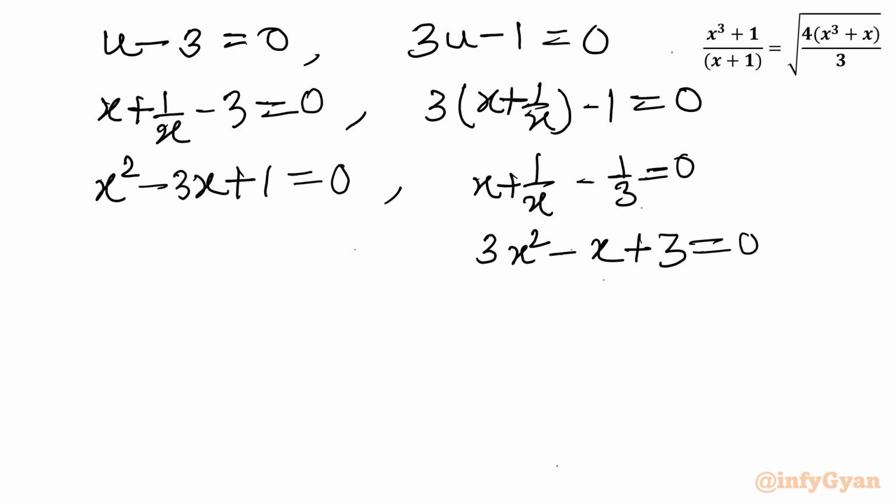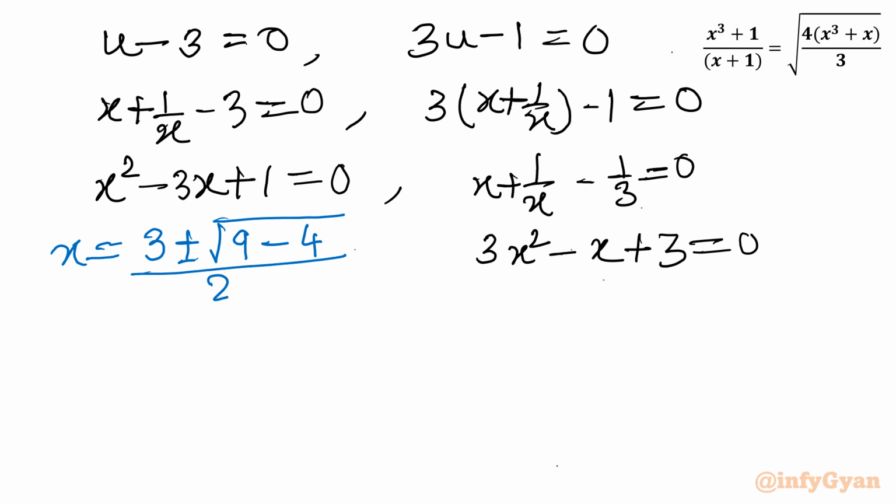This is the second quadratic equation. Let's solve both. So I will use the quadratic formula this time. x is equal to minus b, so I will write 3, plus minus under the root b square, so minus 3 square is 9, minus 4ac, so minus 4, divided by 2a, so 2. So from here we are having 3 plus minus square root 5 over 2.